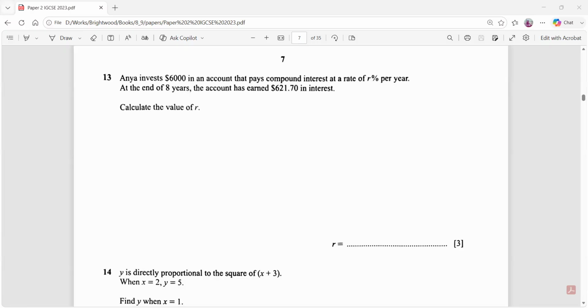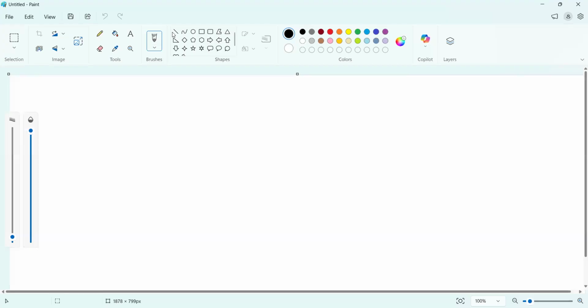If I take it for 2 years, look here. Compound interest is calculated each and every year. For this question, what is the interest for 1 year?